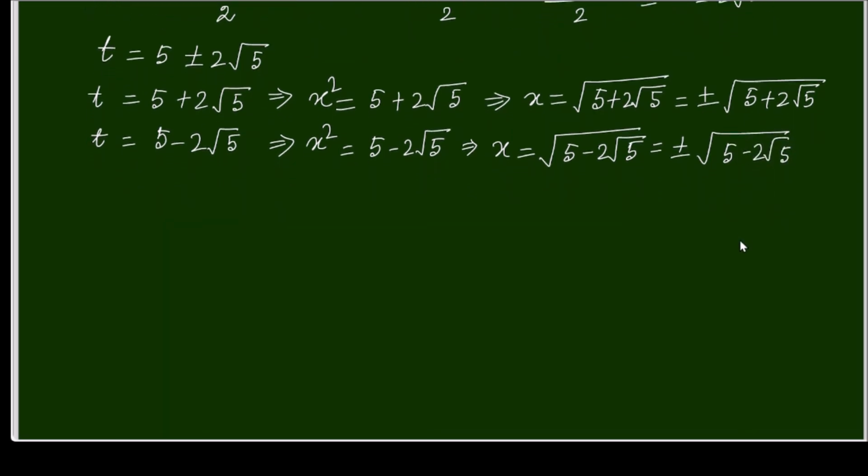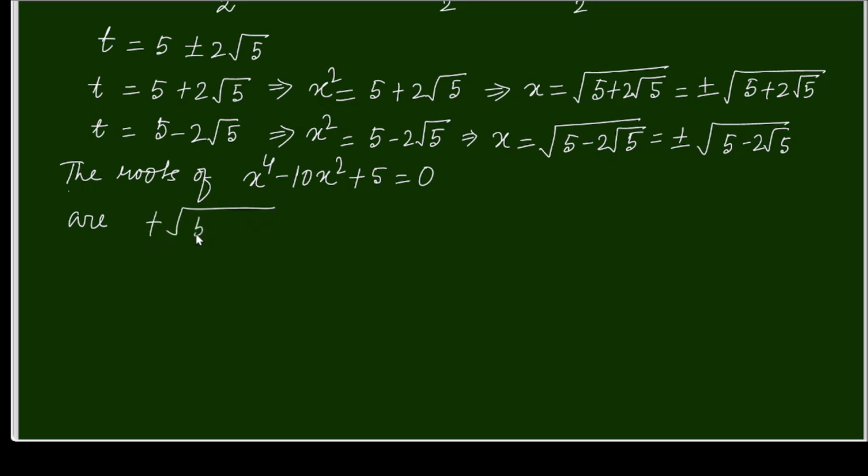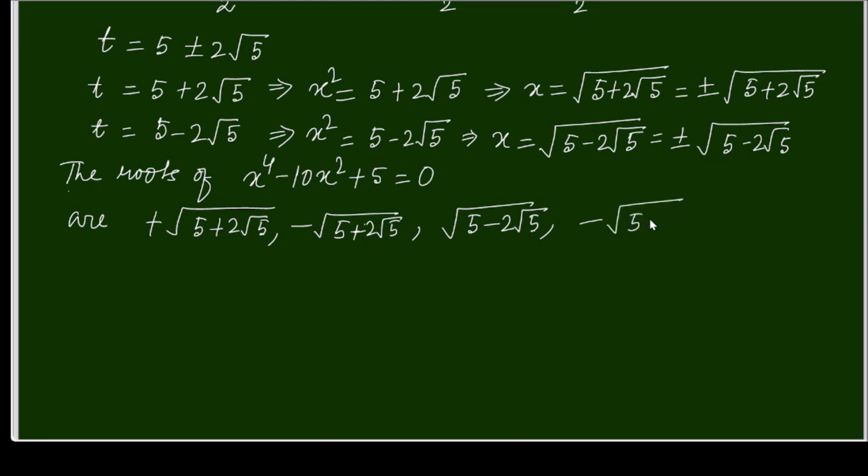So the roots of the equation x to the 4 minus 10x square plus 5 equals 0 are plus square root of 5 plus 2 root 5, minus square root of 5 plus 2 root 5, then plus square root of 5 minus 2 root 5, then minus square root of 5 minus 2 root 5.